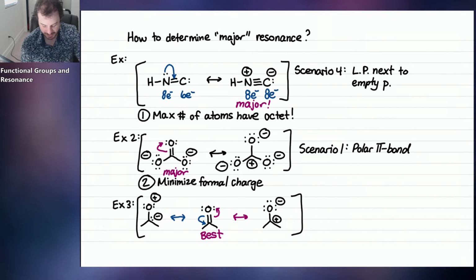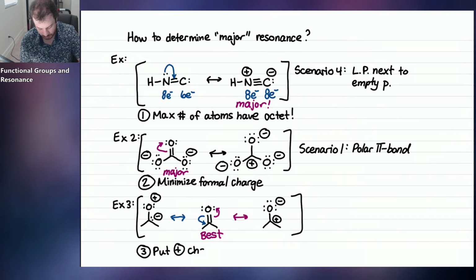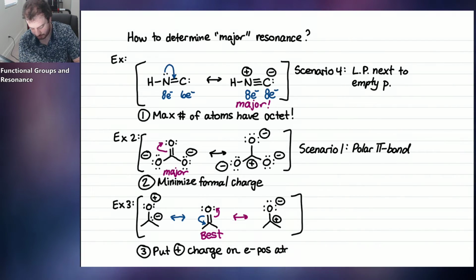It turns out that rule number 3 helps us figure that out, which says, put the positive charge on electropositive atoms, and put negative charge on electronegative atoms.